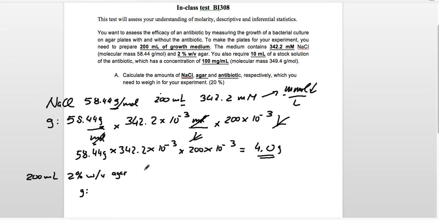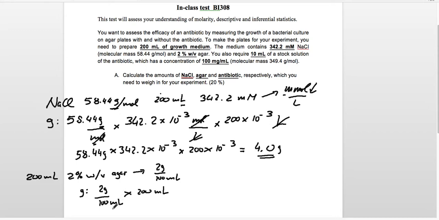And we know that 2% actually means 2 grams per 100 milliliter. So that is this weight per volume. So we've got grams here. So we've got 2 grams per 100 milliliter. And we want 200 milliliter.